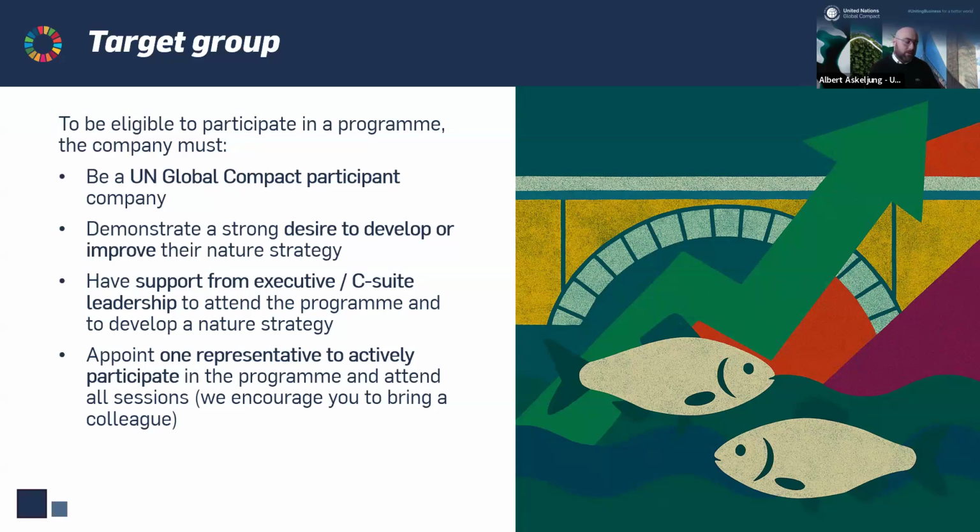And just to clarify, the idea is not for you to develop the strategy throughout the program. You might be doing that along the program, but the idea is to equip you with skills and know-how and tools to do so afterwards.